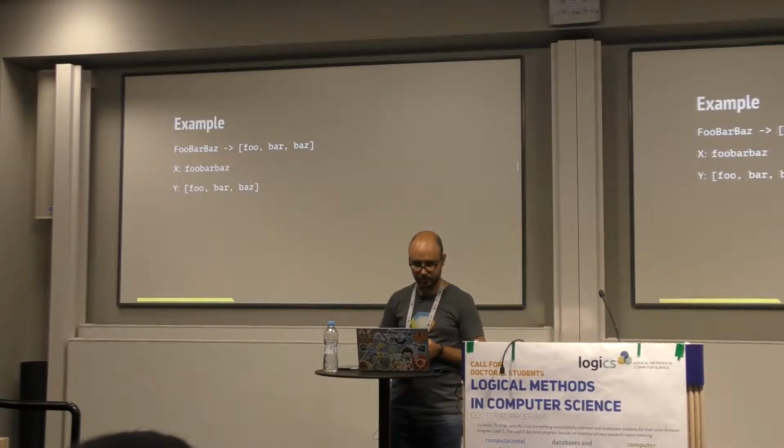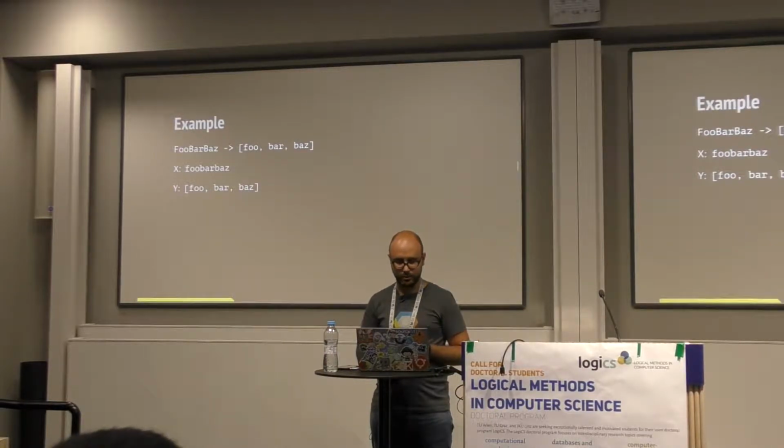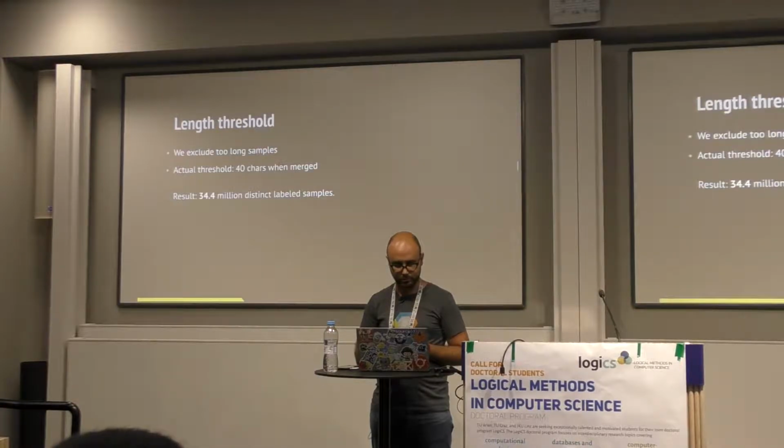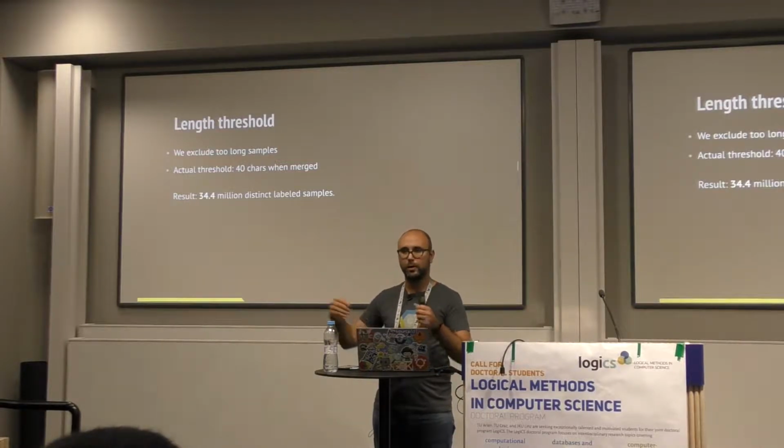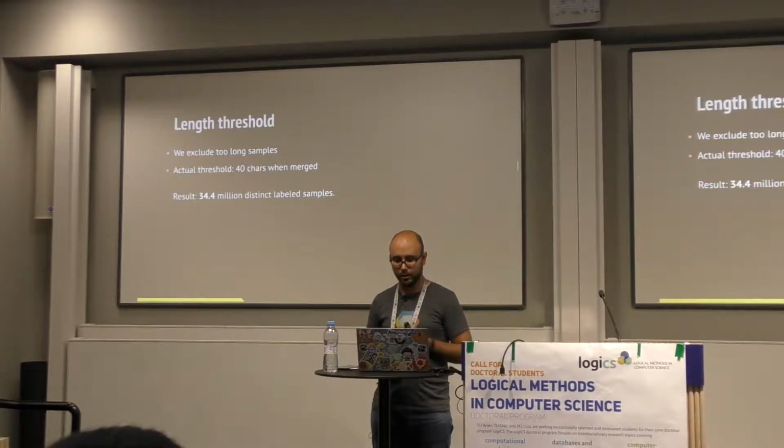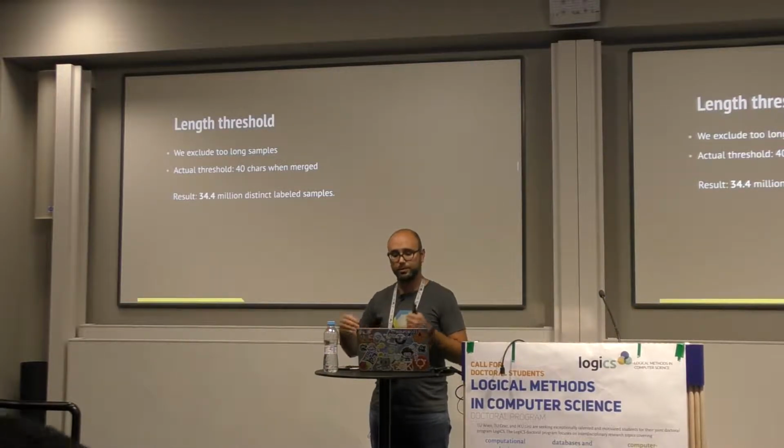All right. So this just illustrates what we do. Then we apply the length threshold because we're not interested in very long identifiers. When we train our models, we usually place some constraints on the identifier length, and we don't want to do extra steps to support very long ones. We are not interested in them.